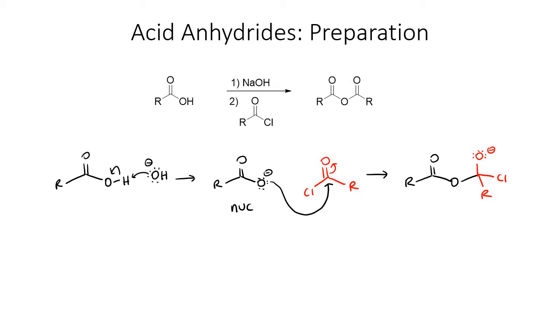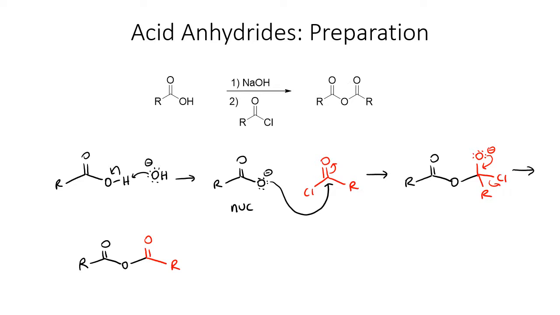Now, as we've seen in the previous mechanisms, we're going to reform the carbonyl. The electrons will come down and kick off the chlorine. And that is how we form our acid anhydride.